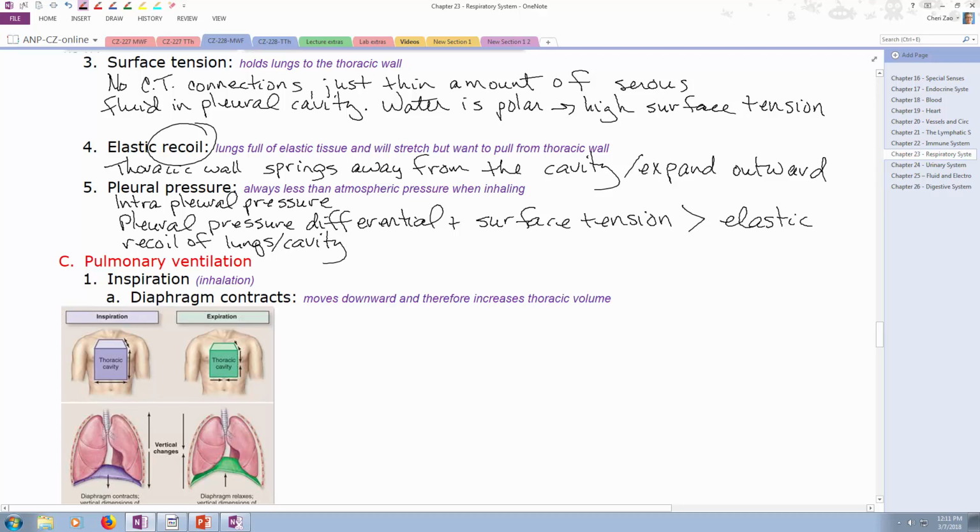This is what's keeping our lungs expanded or inflated. We have surface tension, and we have this pressure differential that keeps our lungs applied to the wall, when our lungs naturally want to collapse if we do not have enough factors in favor of this.